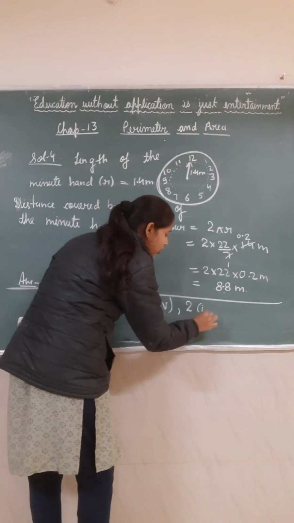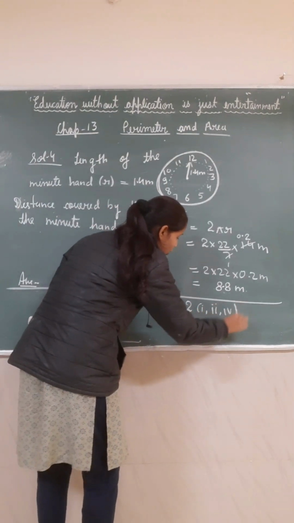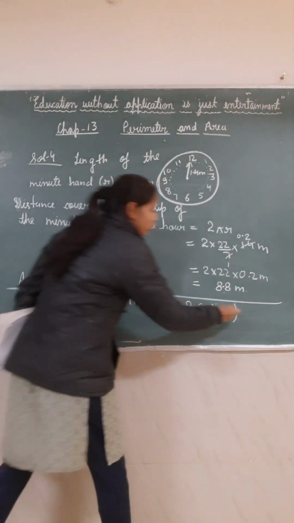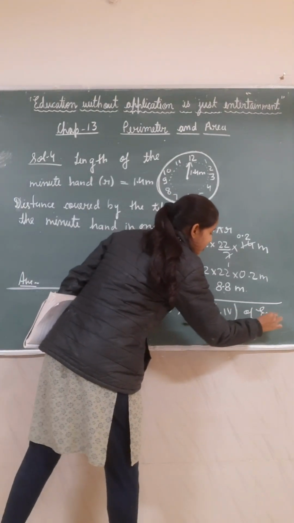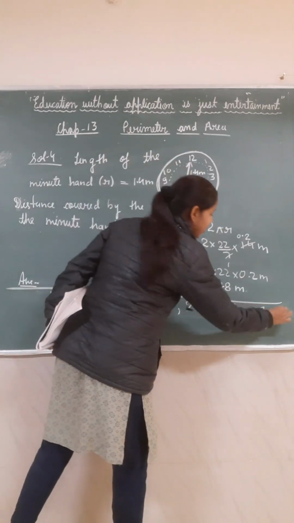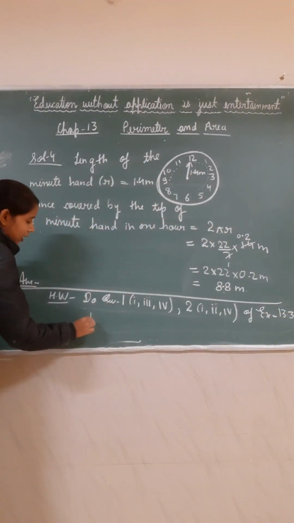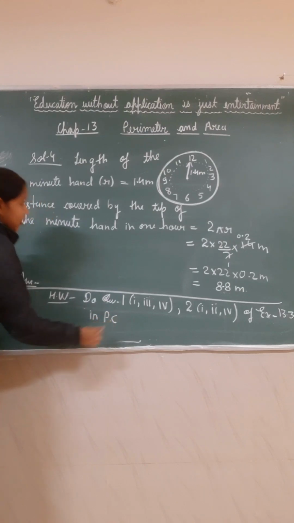Do it yourself in the practice copy. These two questions only you have to do, question numbers 1 and 2 of the exercise. This is exercise 13.3, in the practice copy.